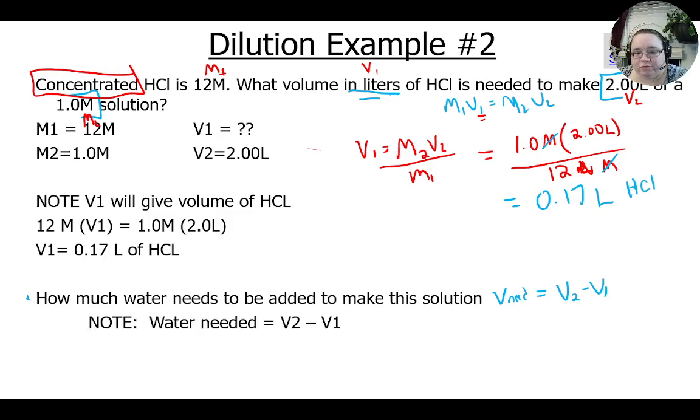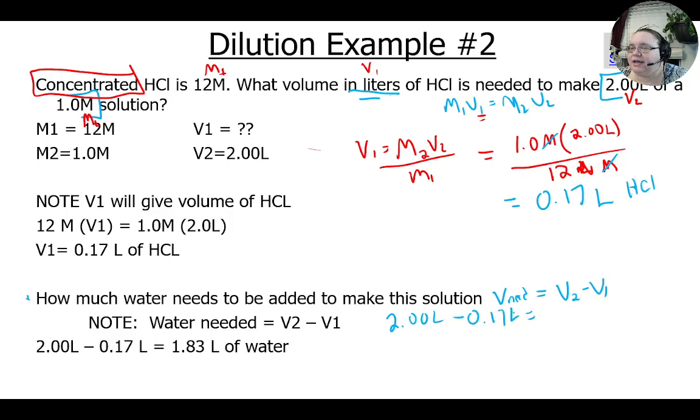So volume of water needed, volume of solute needed, however you want to think of it, it's still V2 minus V1. So I'm going to take my 2 liters and subtract from it 0.17 liters. And the calculator tells me that I get 1.83 liters of water would need to be added.